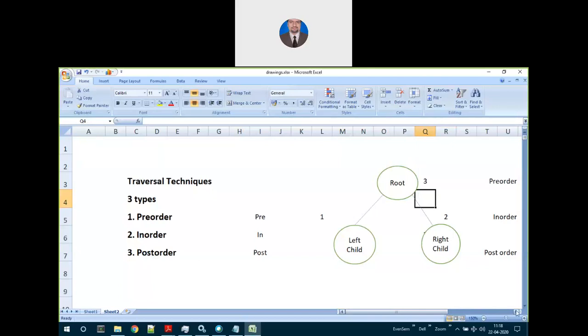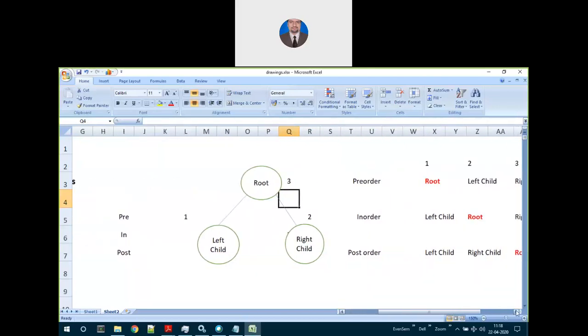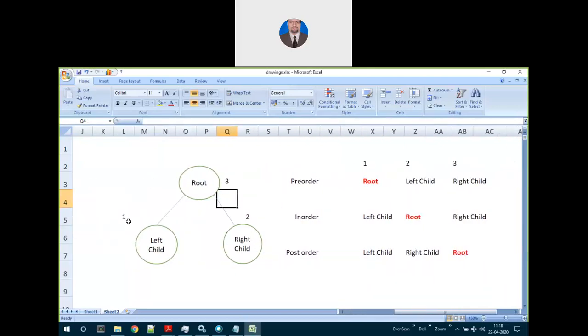If you notice, when there is a binary tree, we can have a maximum of two children for one particular parent. We can have three different techniques: pre-order traversal, in-order traversal and post-order traversal.